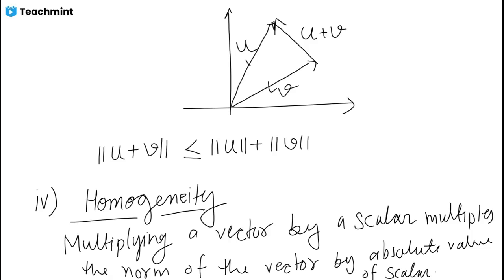When we multiply a scalar, a quantity which doesn't have direction, to a vector and then find its norm, the norm will be the product of the absolute value of that scalar and the norm of the vector. Say we multiply this lambda to a vector v and find its norm.